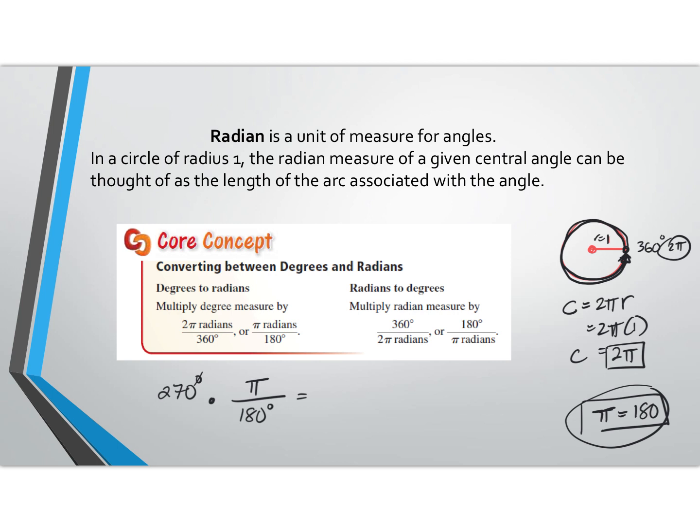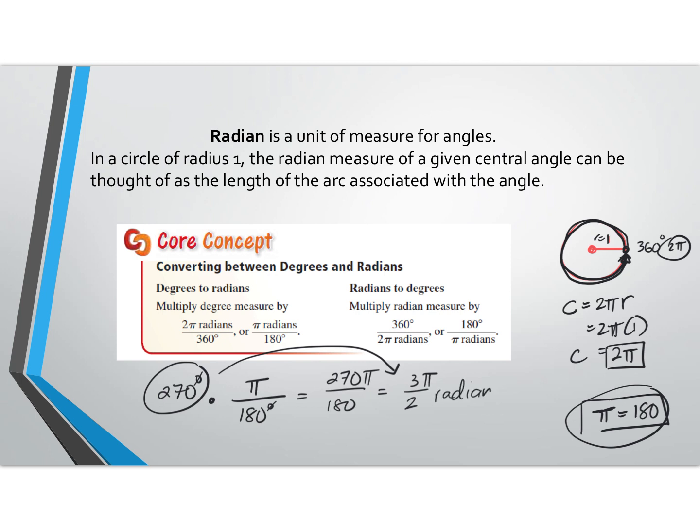And so your degrees will cancel, and you'll have 270 pi over 180. When I simplify that and do my math, I'm going to get 3 over 2 pi. Well, 270 degrees is equal to 3 over 2 pi radians, or 3 pi over 2 radians.